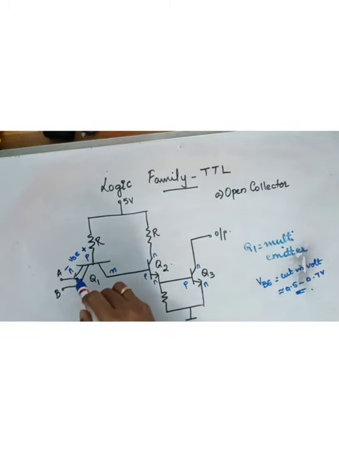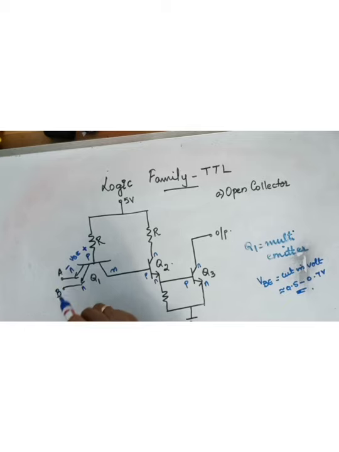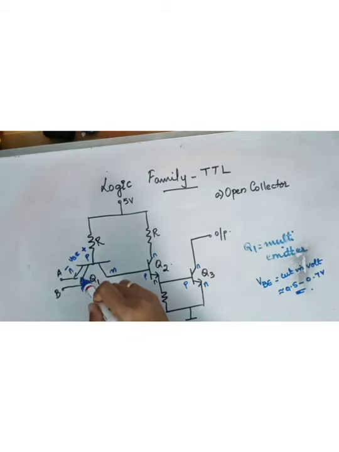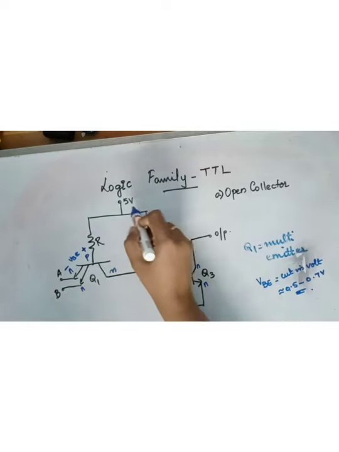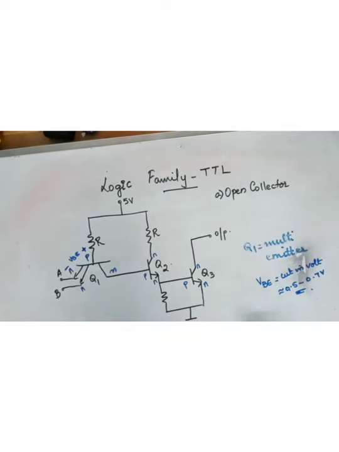So for a multi-emitter transistor, at least one of the emitters, okay, it is base emitter junction, means you have two emitters. So we should consider at least one base emitter junction. Since you have two emitters and one base, you have two base emitter junctions, right? So at least one should be true. So the emitter should be lesser than the base. Base is connected to 5 volt. 5 volt will naturally be a high.